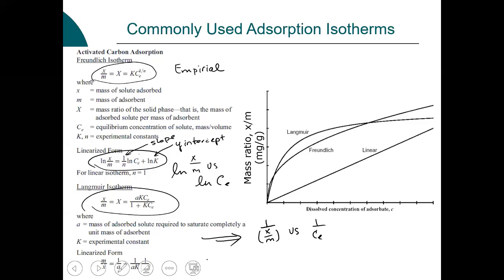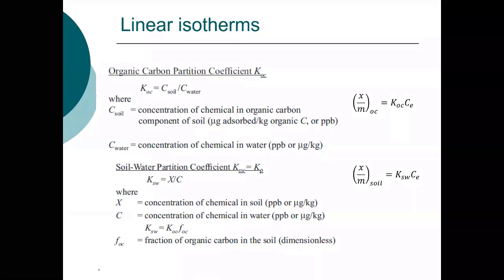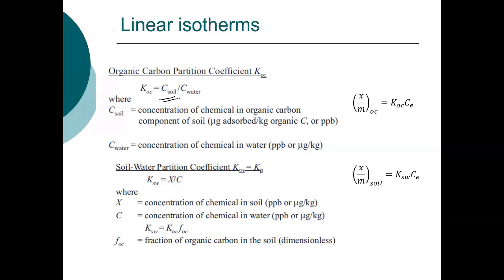And then we have what's referred to as linear isotherms. These are for much lower concentrations, and these are typically used with soil or sediment systems. And here, for instance, what you're looking at is the concentration of the chemical in the organic component of the soil. So you can see it's actually micrograms sorbed instead of milligrams, 1,000-fold less per kilogram of soil organic matter.